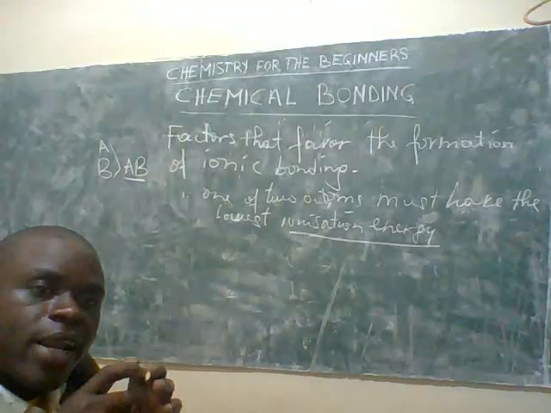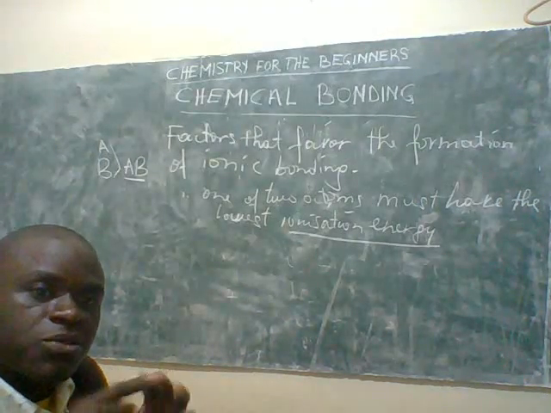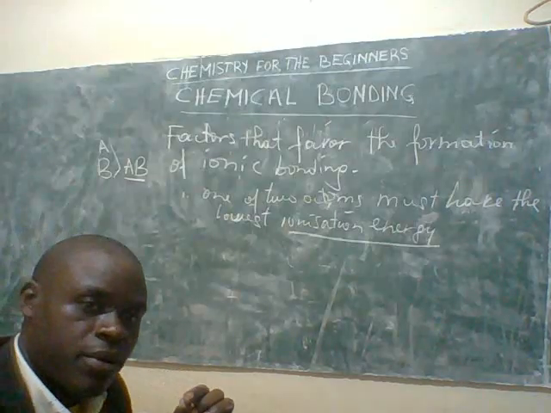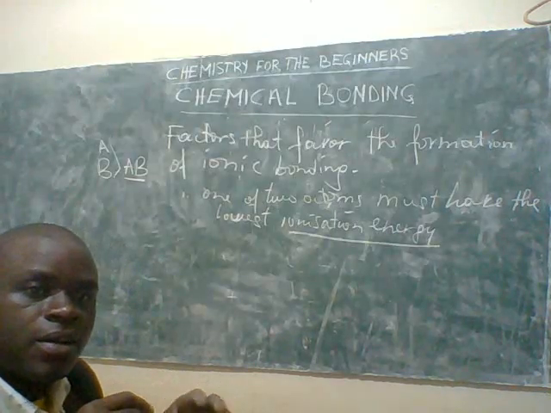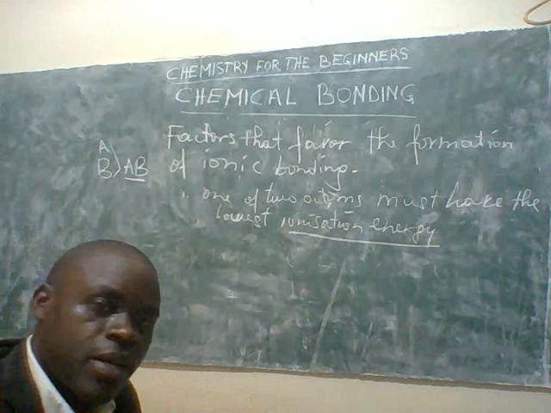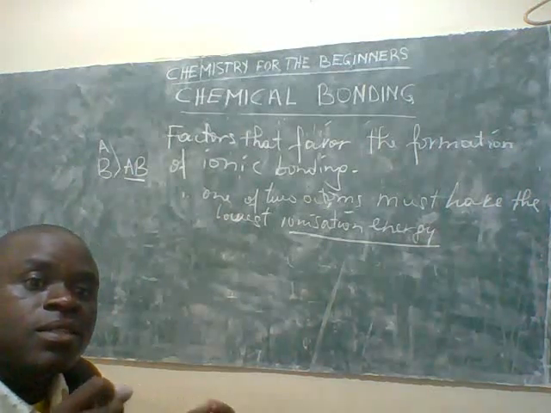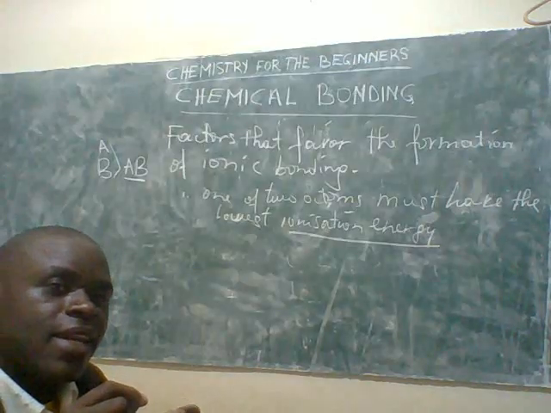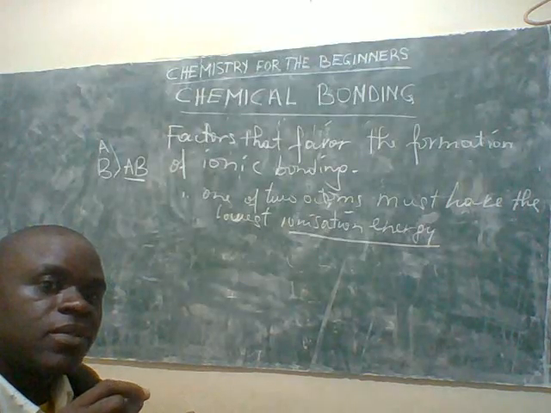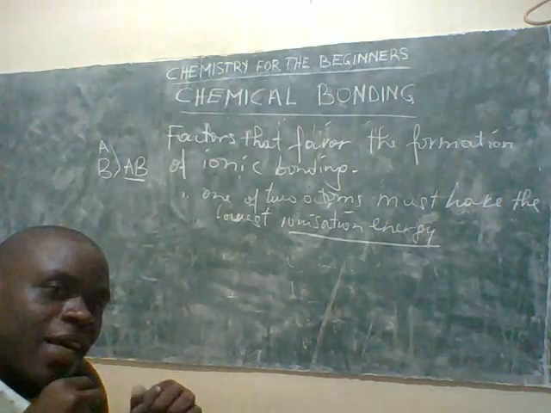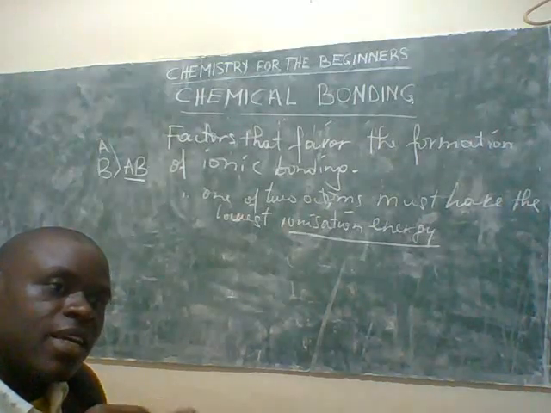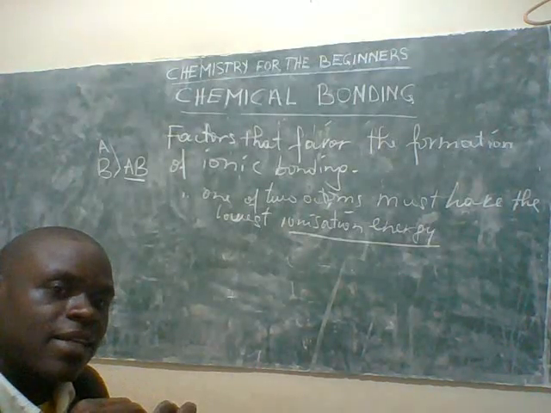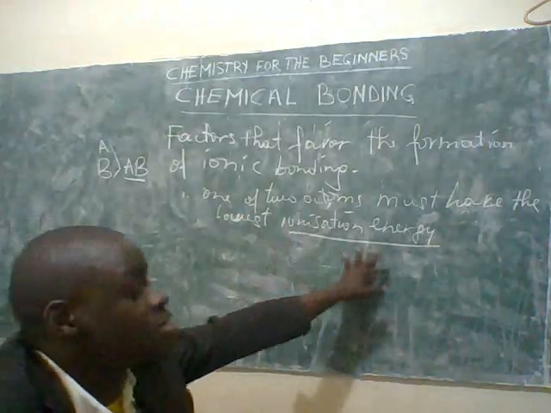When an atom is preparing to receive an external electron, it requires first to become an ion. The energy used to become an ion is what you call ionization energy.